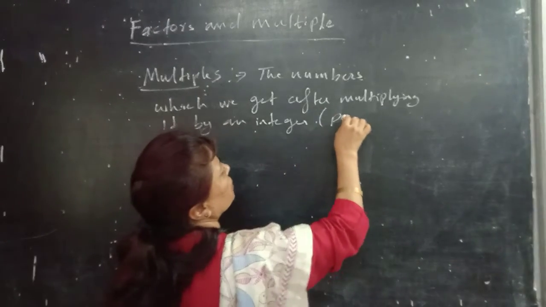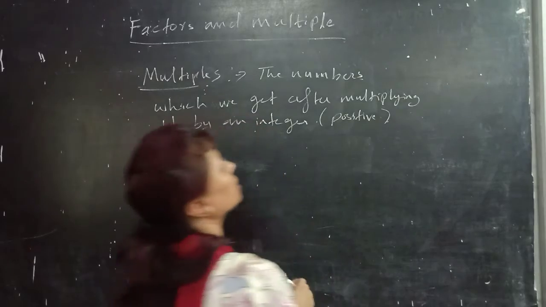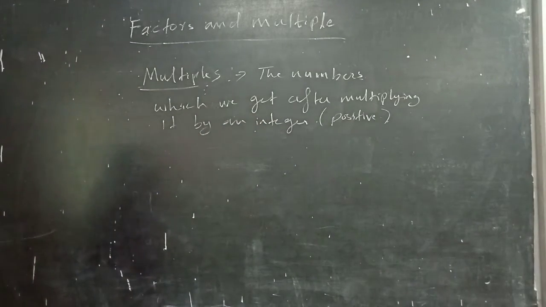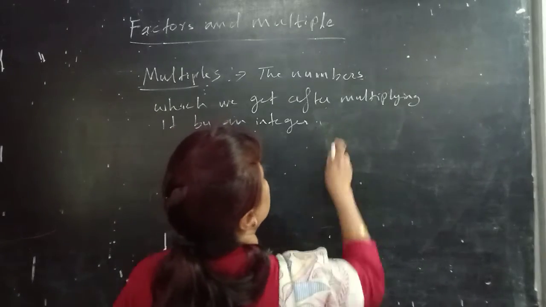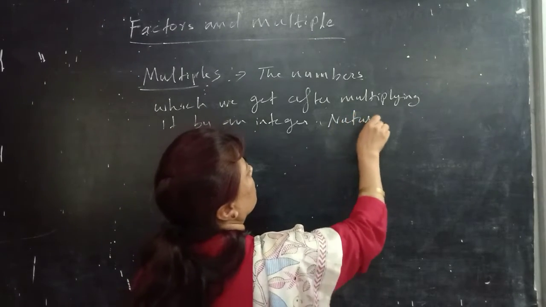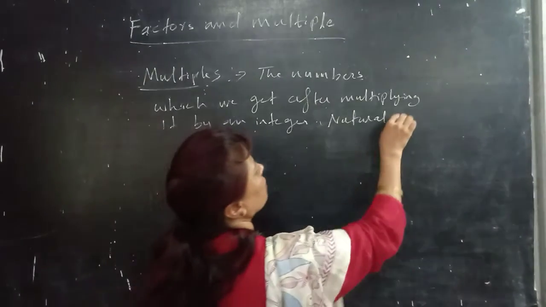Here we are taking the positive integers, or we can say here we are taking the natural numbers. As you have not learned about the integers, so we are taking the natural numbers.